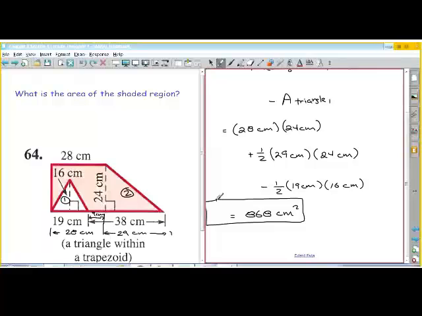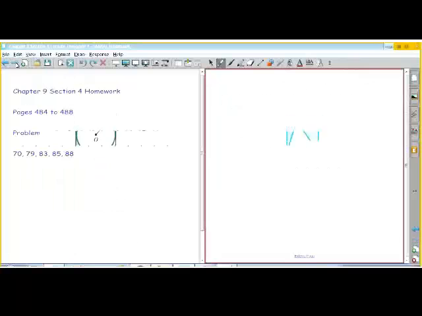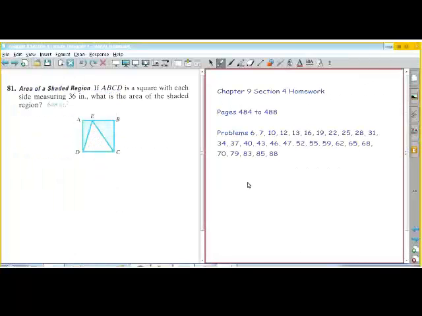So we're almost done. We'll finish this up on Wednesday, then we'll move on to section 5, which is talking about volumes and surface areas of 3-dimensional bodies, like cones and spheres and circular cylinders and stuff like that. So let me go ahead and actually give you the assignment for this. There we go. So there's the homework assignment for section 4. As you can see by the number of problems, they're not that long.